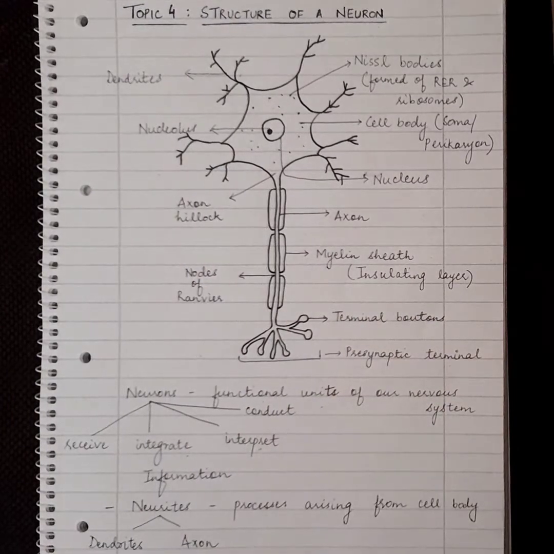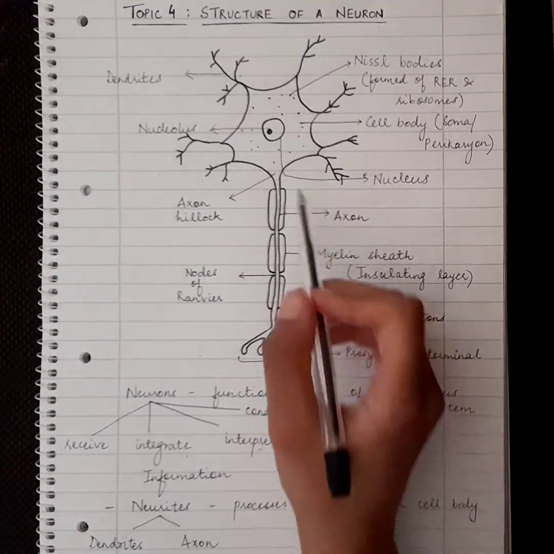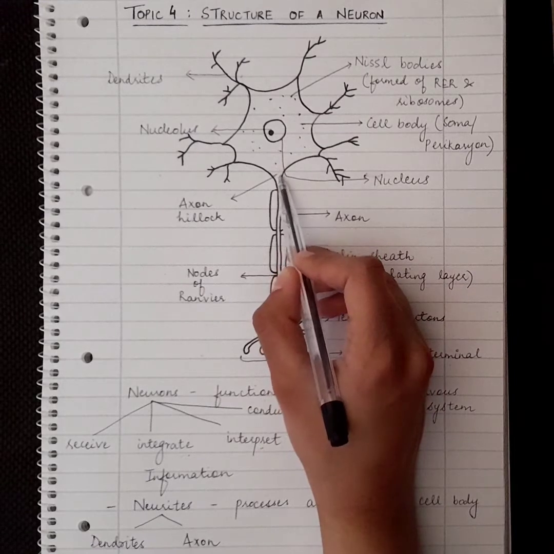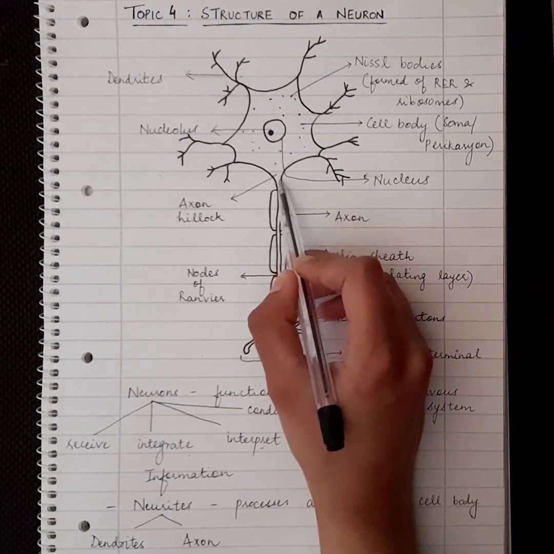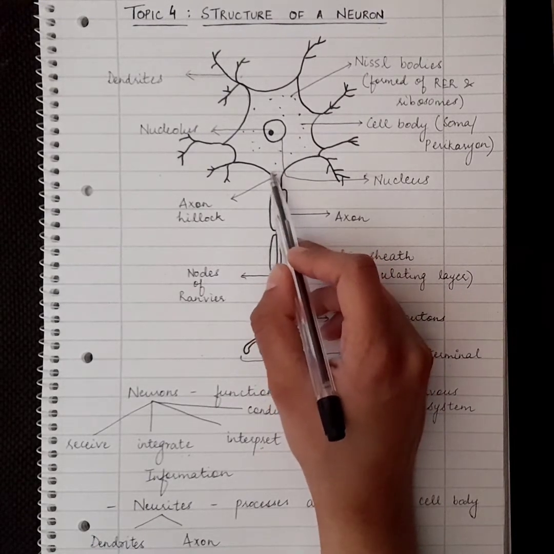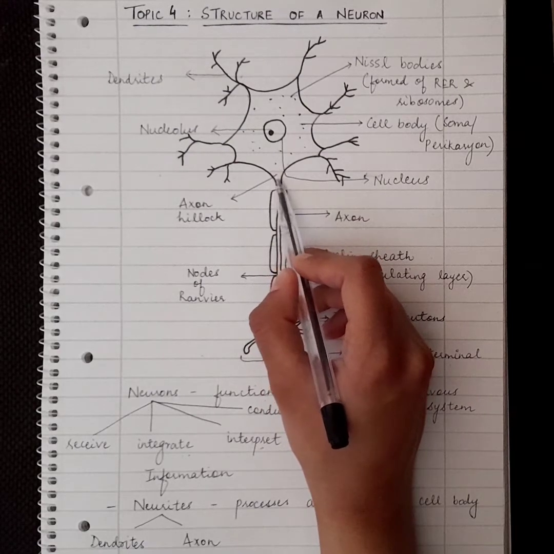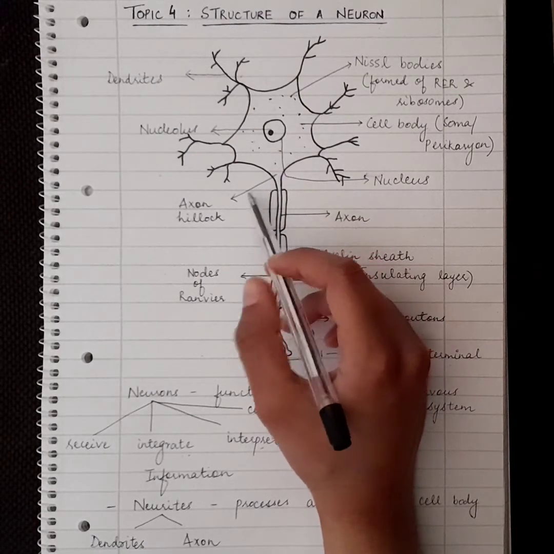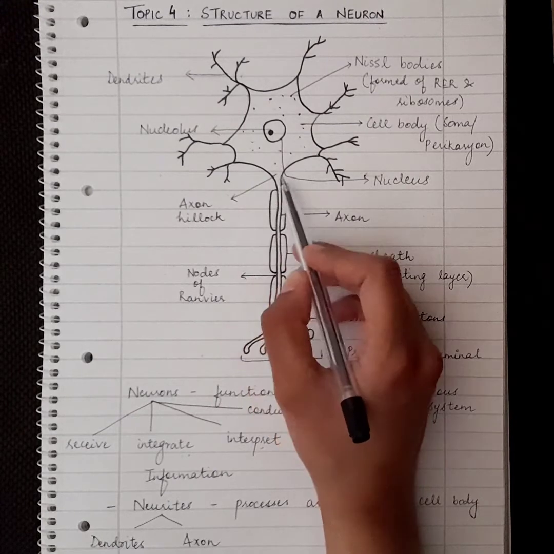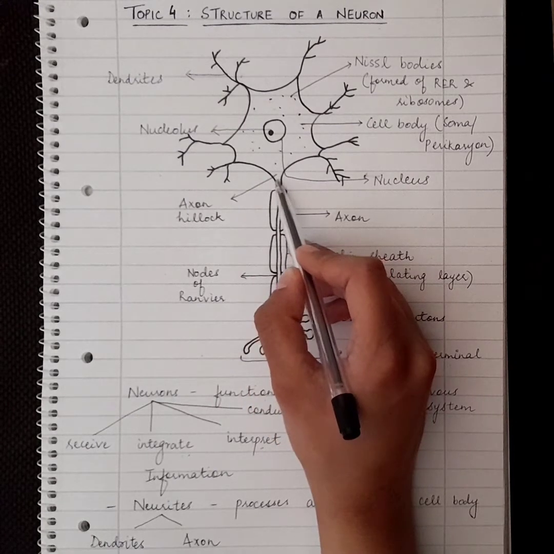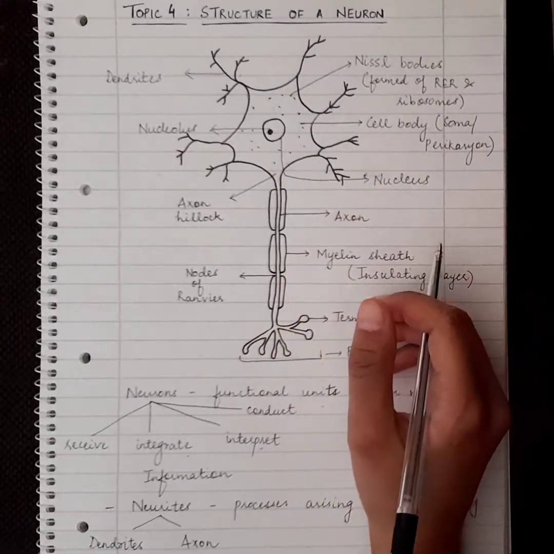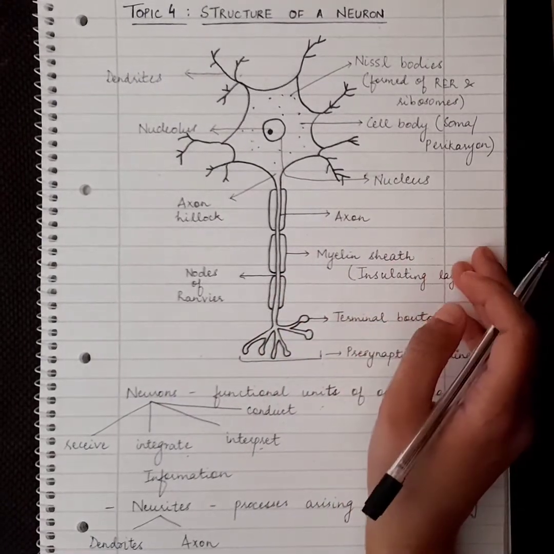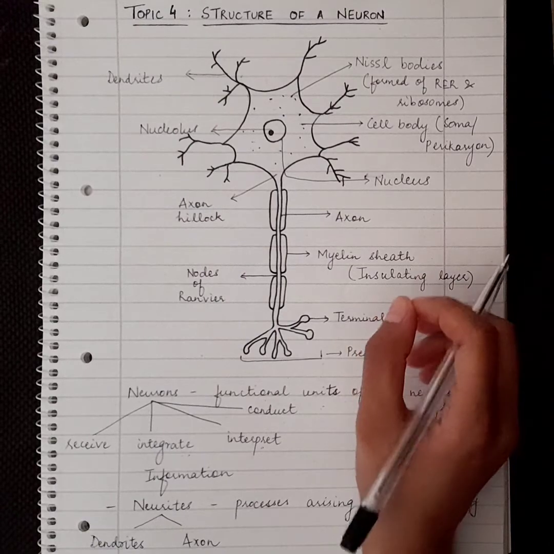Now this region that you see over here is just where the axon is about to start. It's a Nissl free zone, so it does not contain any Nissl granules, and this is known as the axon hillock, and this is the initial segment of the axon. These two parts are really important because they give rise to electrical impulses or action potentials, as they are known.